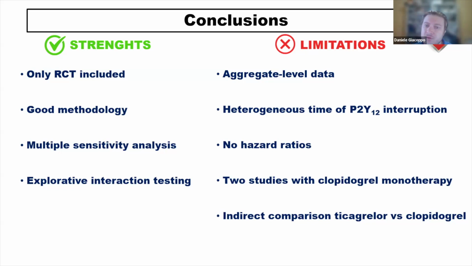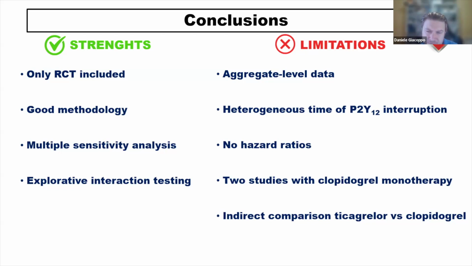However, as I said, we don't have individual patient data, and this is important because the authors for some trials inspected the subgroup of patients with ACS, and we have a heterogeneous time of aspirin interruption.